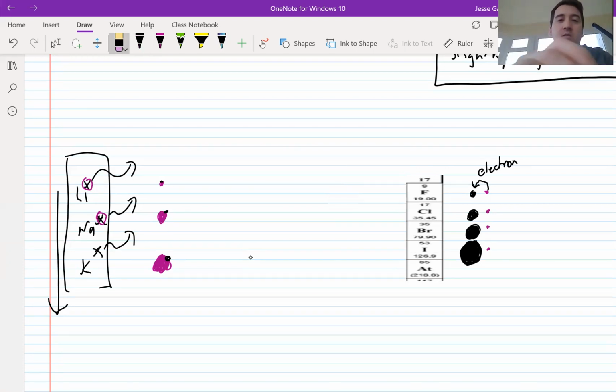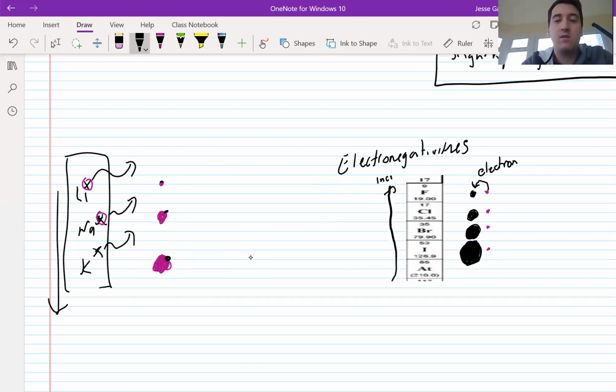That gives us some kind of an idea of how much pulling power they have, if you like to think of it like that. And electronegativities increase up the group. In other words, fluorine is the most electronegative, more than chlorine, more than bromine, more than iodine.